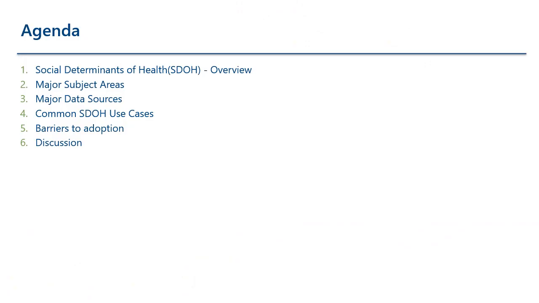So our agenda for this discussion today will be a review of what social determinants of health are, the major subject areas that are available within social determinants of health, the major data sources that are in use within this particular area, and how those data sources can be used. We'll talk about some common social determinants of health, or SDOH as it's referred to, use cases.